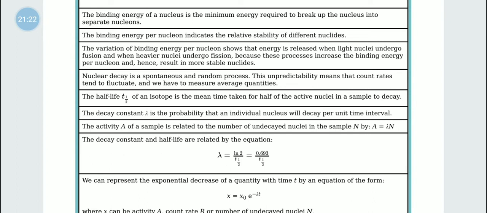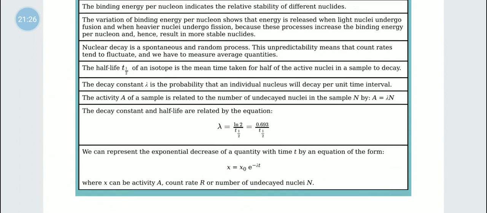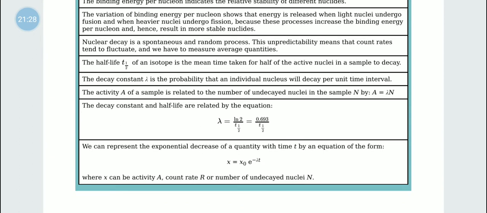Nuclear decay is a spontaneous and random process. So that means the count rates tend to fluctuate. So we have to obtain the average quantities, and we discussed half-life of an isotope is the mean time taken for half of the active nuclei in a sample to decay. Then we obtained a decay constant, that is the probability that an individual nucleus will decay per unit time interval.